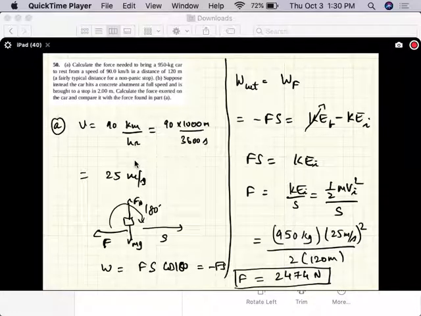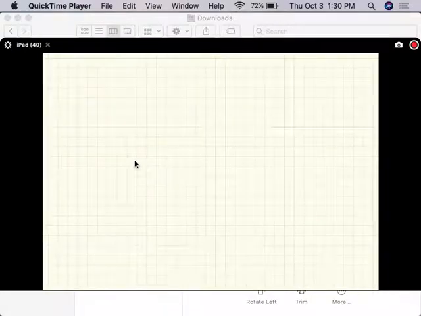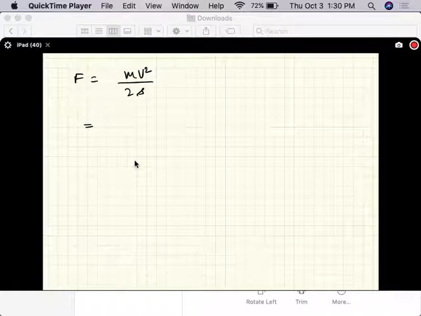Okay, so let's calculate that force now. So the force was mv squared by 2s, and the smaller the stopping distance, the greater the force.